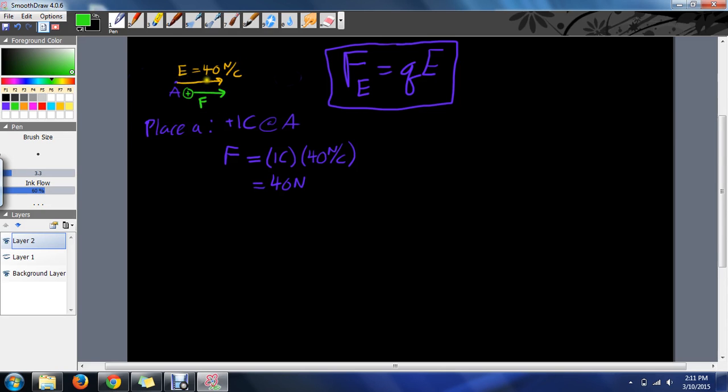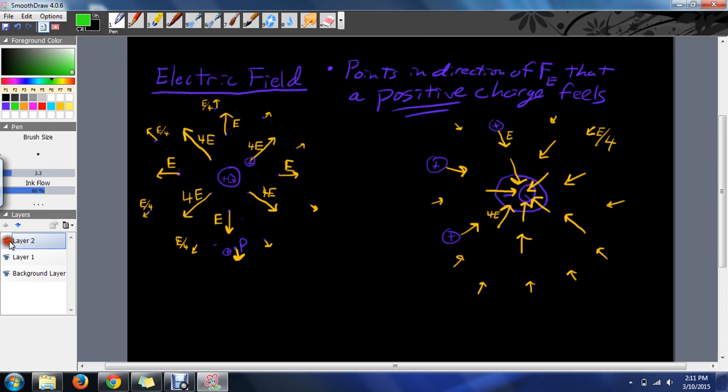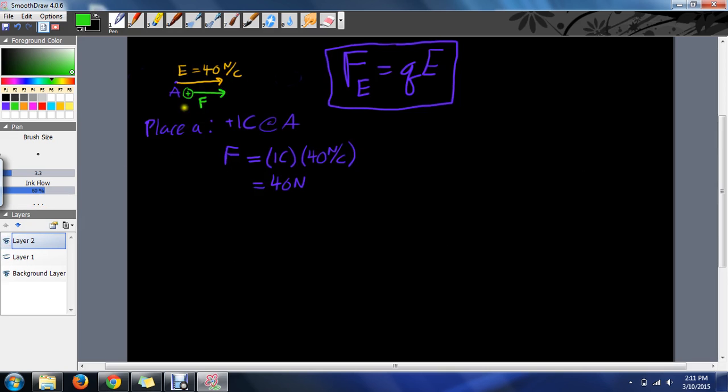So if the electric field points this direction, you can reverse that logic to say the force must point in that direction, because that's how we got the field in the first place. So of course this is going to be 40 newtons to the right. Remember, no positives or negatives, we just want a word description.